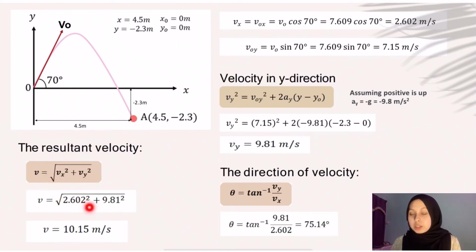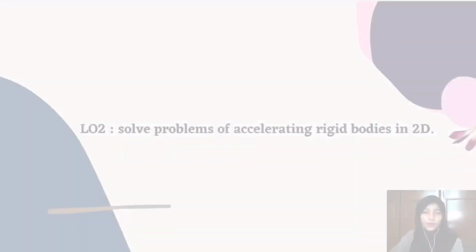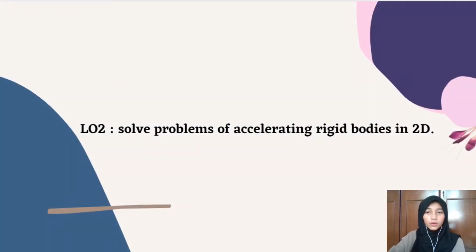After inserting the values of Vx and Vy, you will get the velocity, which is 10.15 meter per second. By inserting Vy and Vx into this equation, we will get the direction or angle of the velocity, which is 75.14 degree.